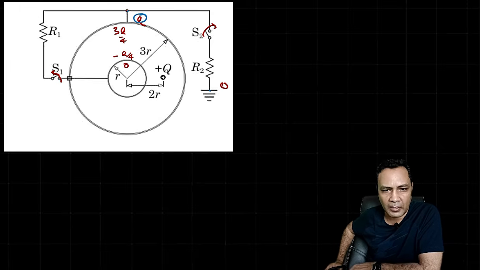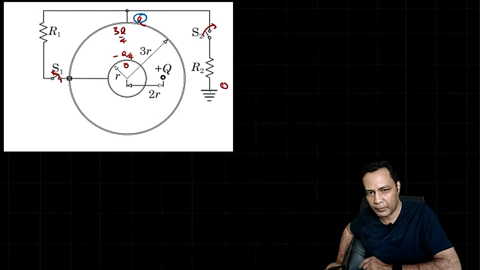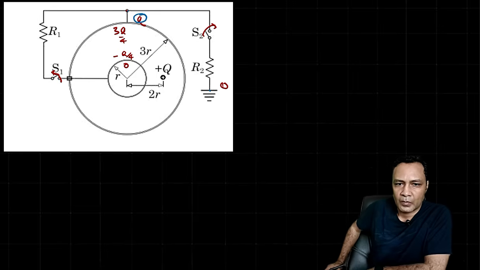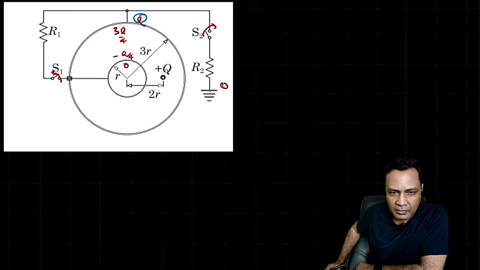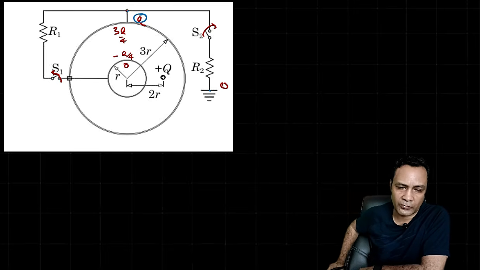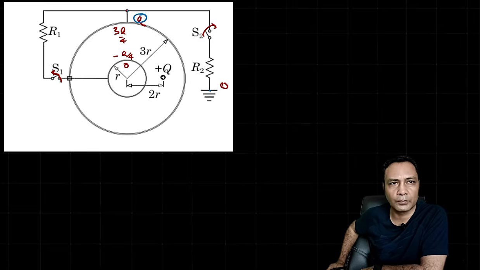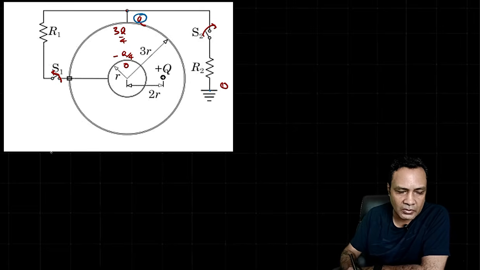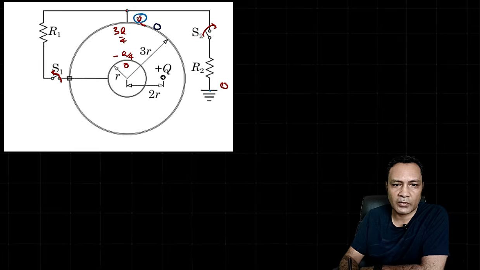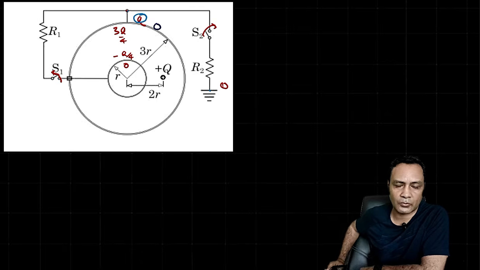Theoretically it will take infinite time, but it will go. If R2 is small, if I just connect by a conducting wire, it will go immediately. The larger the R2, the slower it will go, but eventually it will go. So finally this charge will become 0. That will be the final steady state. So basically I have to tell the extra heat dissipated after closing S2.